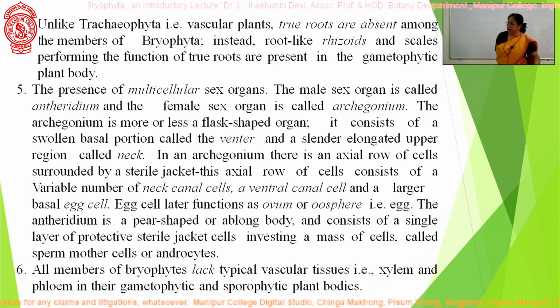Meiosis cell division is known as reduction division, where the chromosome number is reduced to half, that is from twice the number of chromosomes it is reduced to the haploid number, that is n number of chromosomes. This reduction division is nothing but meiosis. So the spore mother cell is 2n, and from this 2n the haploid spores are produced.